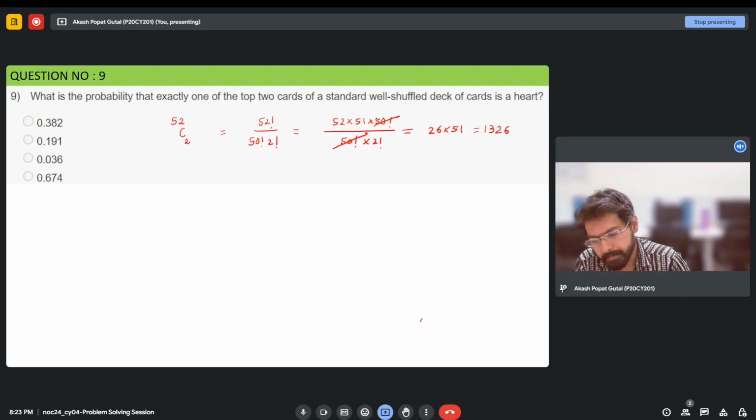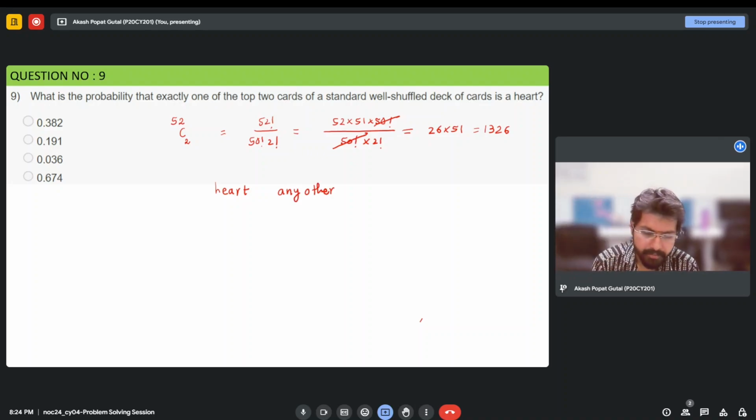Then we will see what is the probability that from those two cards, one is a heart and the other is any other card, but it should not be a heart itself.